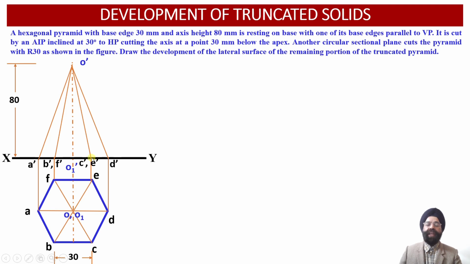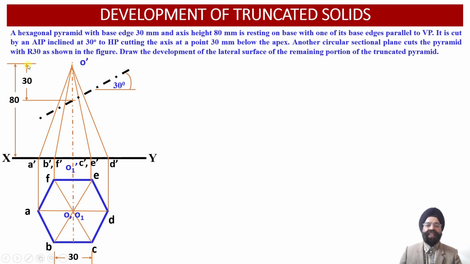So now we have been able to obtain the elevation projection view and the plan projection view corresponding to this hexagonal pyramid over here. So now we know that an auxiliary inclined plane inclined at an angle of 30 degrees cuts the hexagonal pyramid and passes through the axis of this hexagonal pyramid at a point 30 millimeter below the apex over here.